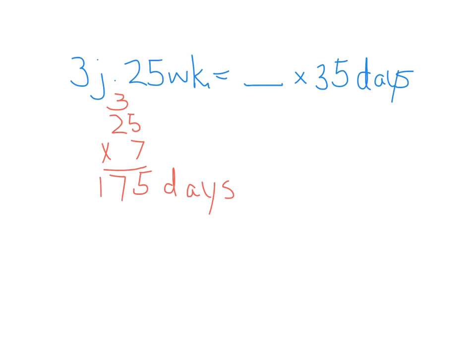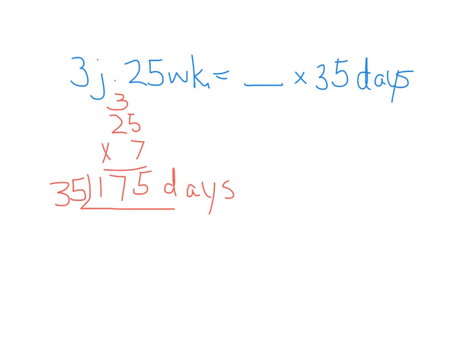Now, if I'm trying to figure out what times 35 is going to give me 175, in order for me to figure this one out, I'm going to have to do some division. So I'm going to set up a division problem, and I know I've shown you guys this before where I just invert it and put 35 in here, and that gives me a little bit of a better workspace. I'm trying to find out what I would multiply by 35 to get 175.